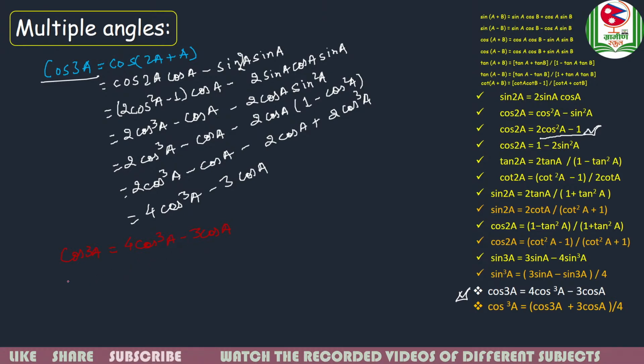So what we will do? We can write 4 cos cube a is equal to cos 3a plus 3 cos a.